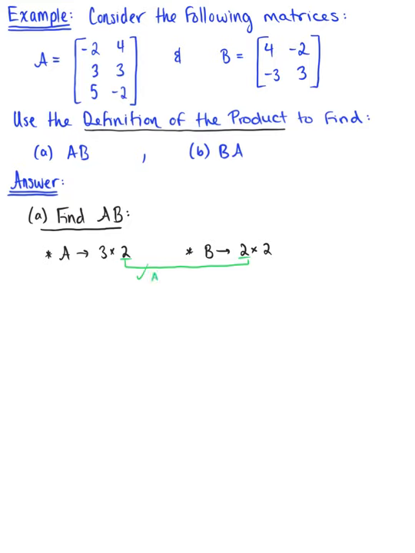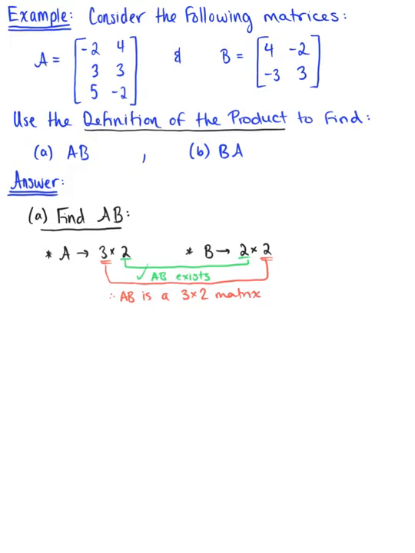Woohoo! So we know that matrix A times matrix B exists. We can also see the size of this new matrix. We can conclude that the matrix AB will be a 3 by 2 matrix.